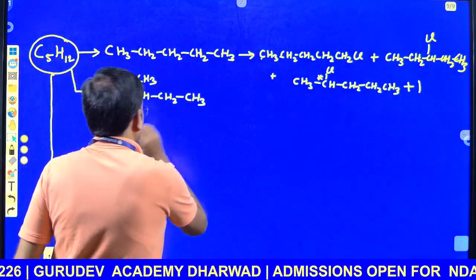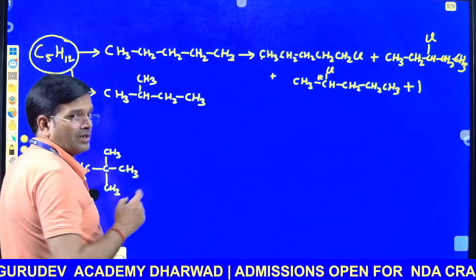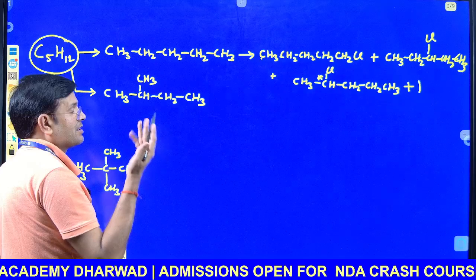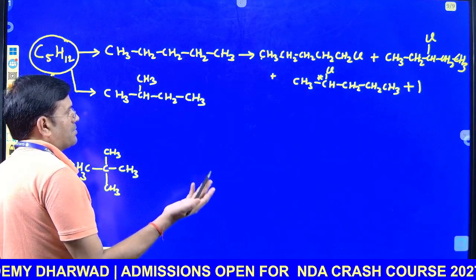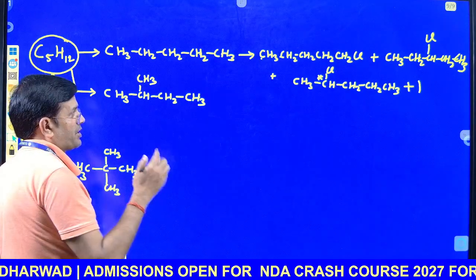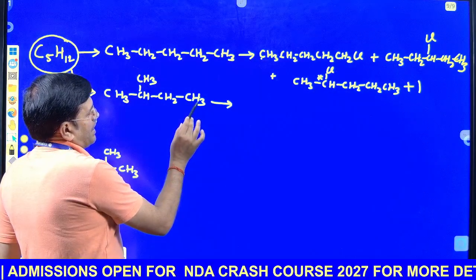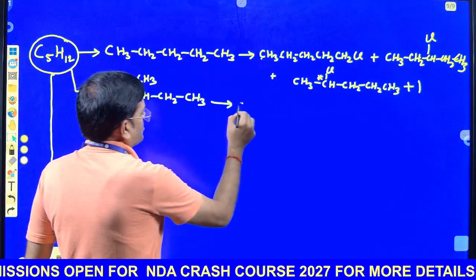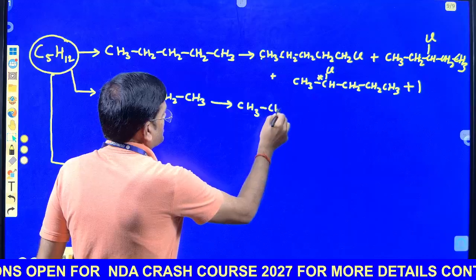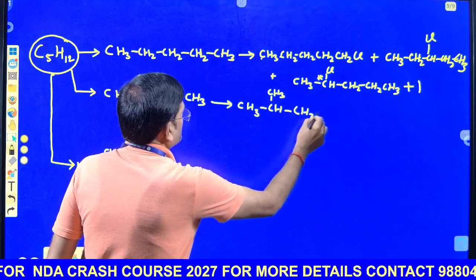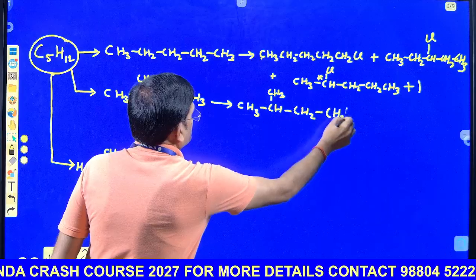So for this one only you have one more stereoisomer. Now see in this one, how many types of hydrogen? You all will say, sir, 3 types. So how many products will you expect? Obviously 3 types, but here you will get 4 products. How? Just see. One by the substitution of this hydrogen. So I am writing CH3, CH2, CH2, Cl.